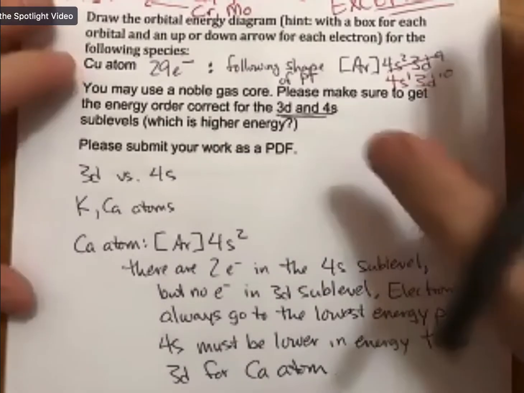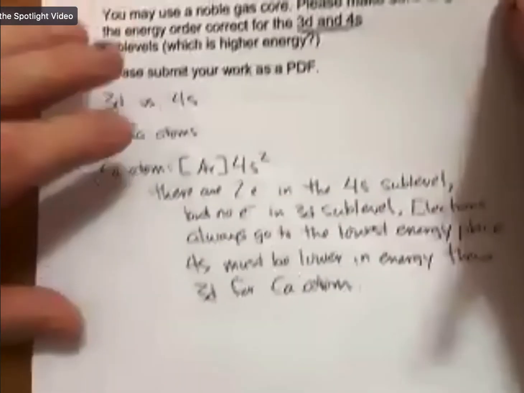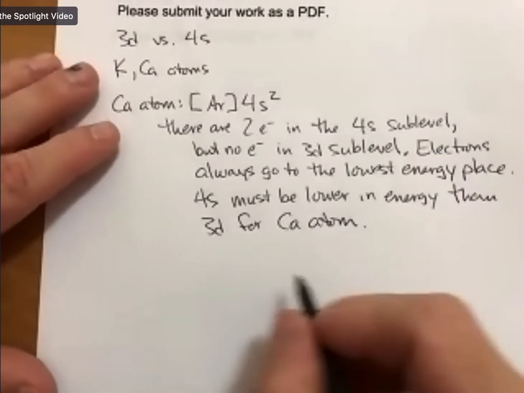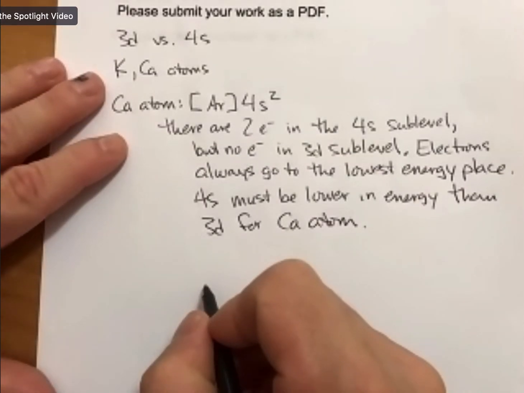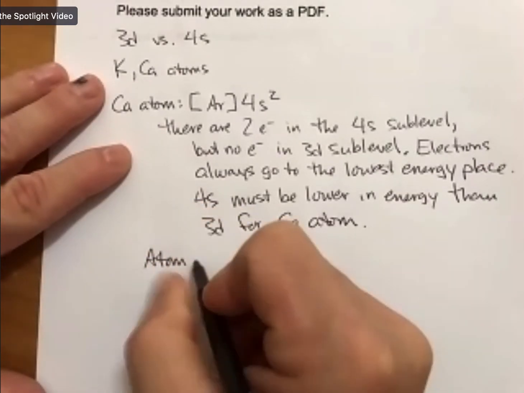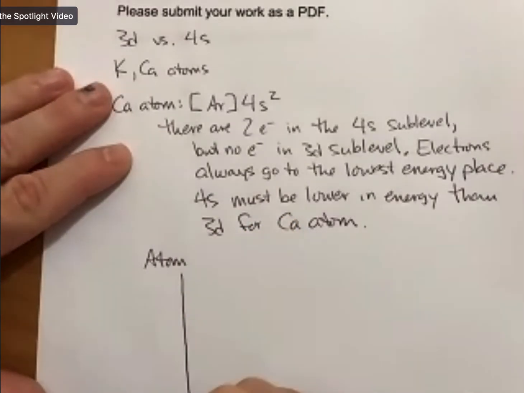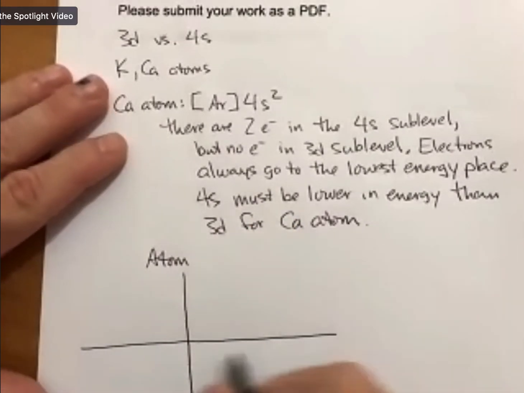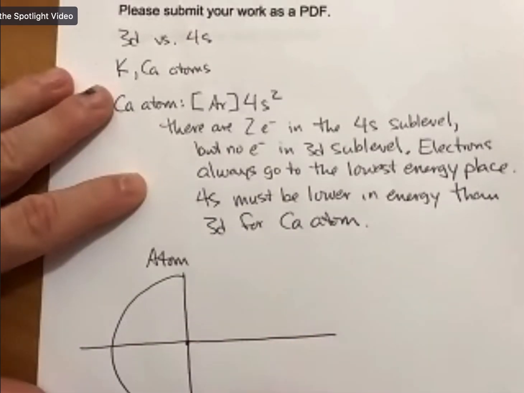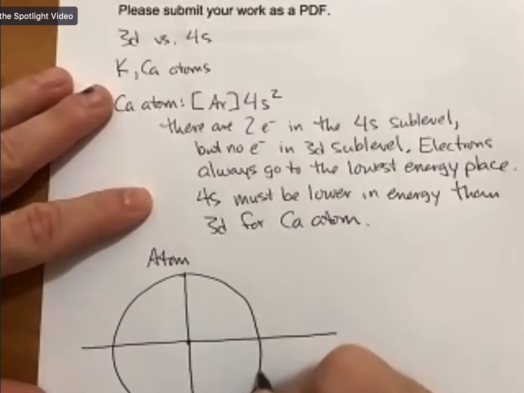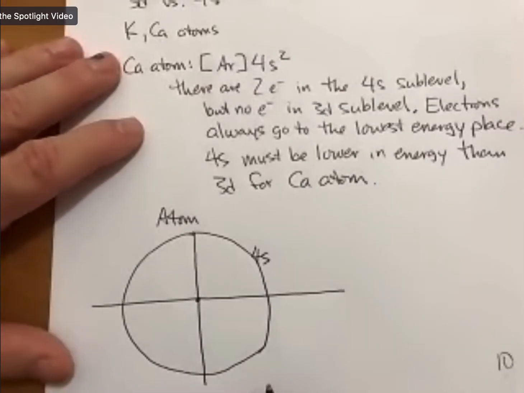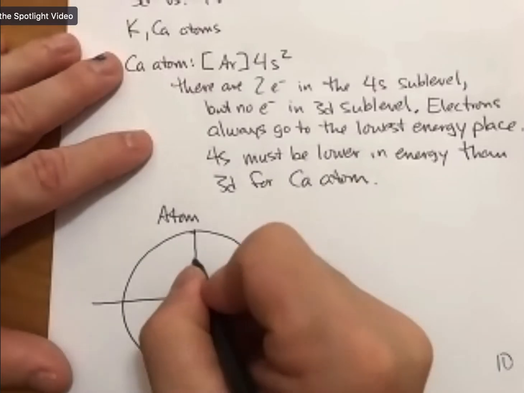Now, again, we're on a little journey here. The story is not complete. If you'll allow me to tell you a little bit more of the story, let's draw an atom. I'll draw 4s, and then I'll draw inside of it the n equals 3 level.